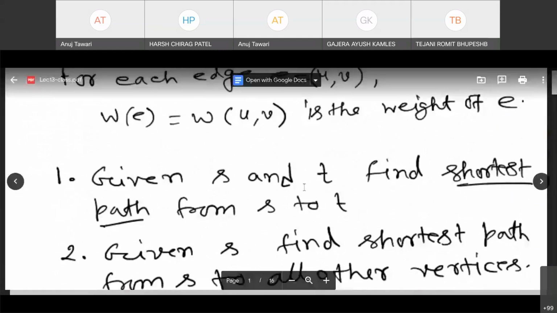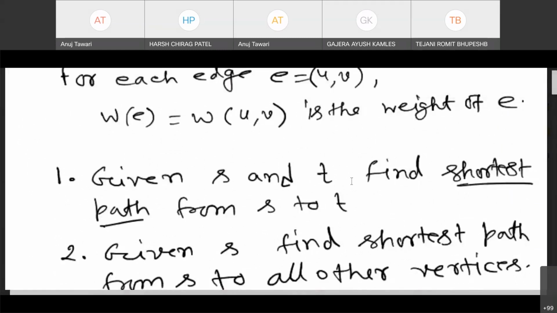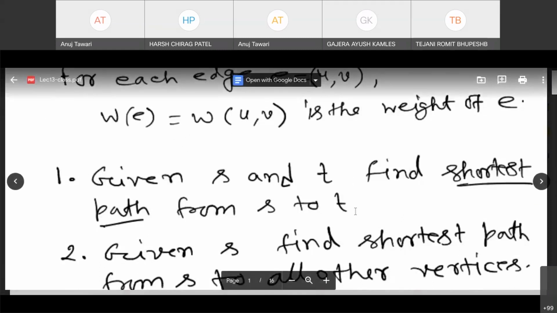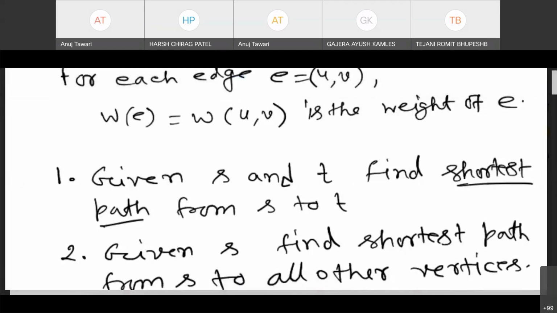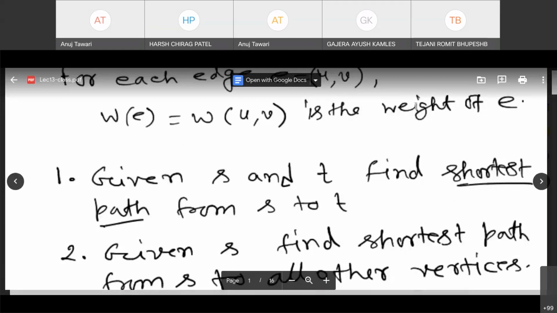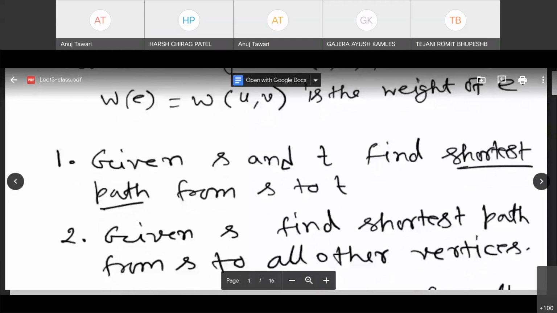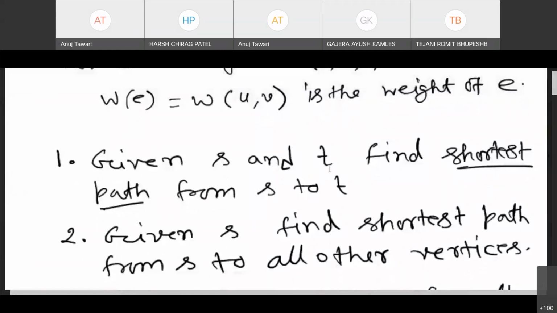Given a source vertex and a sink vertex, S and T, we want to find the shortest path from S to T. So what we want is a sequence of edges starting from S and ending in T, but the total weight of the edges should be as small as possible. So this is one problem where we are given the source and the sink vertex.